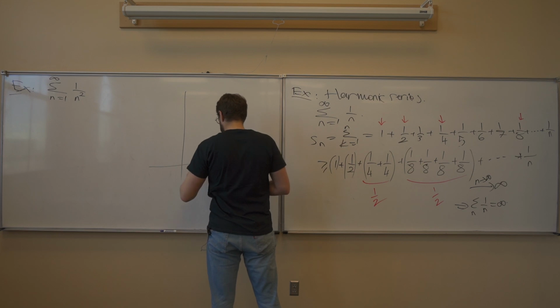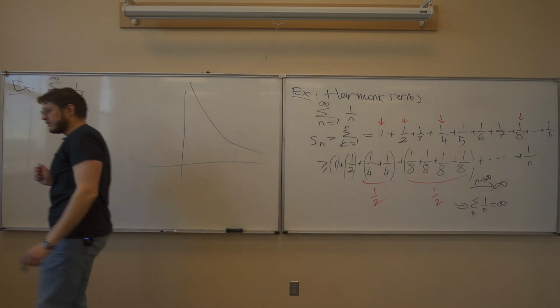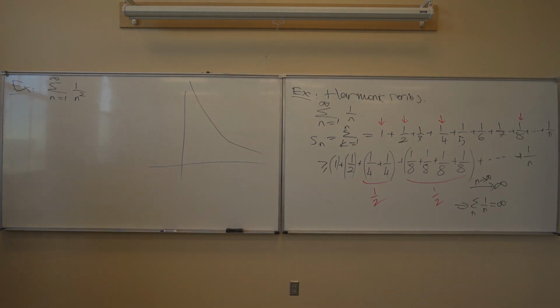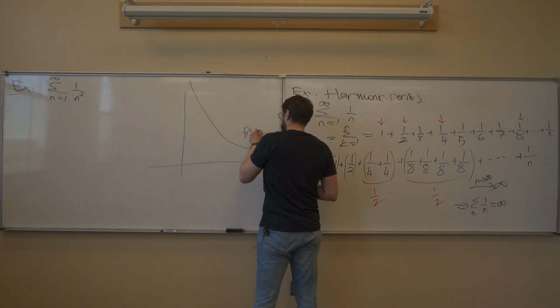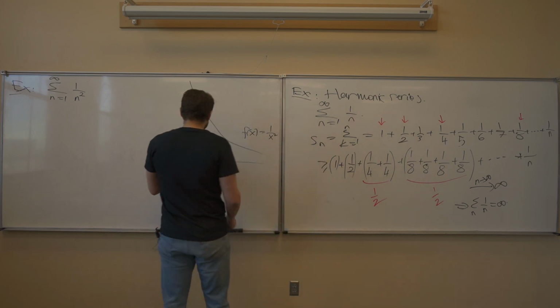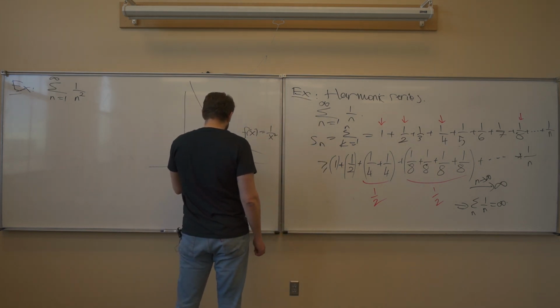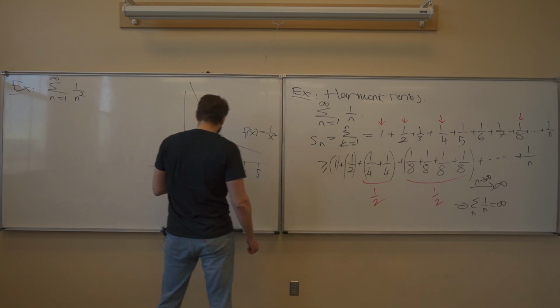So here, this is 1 over x squared. Okay. And then I'm looking at the integer points. So this is 1, 2, 3, 4, 5, and so on.